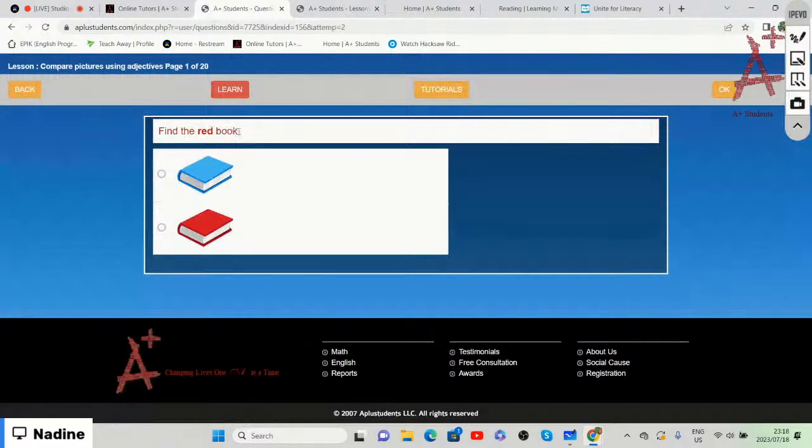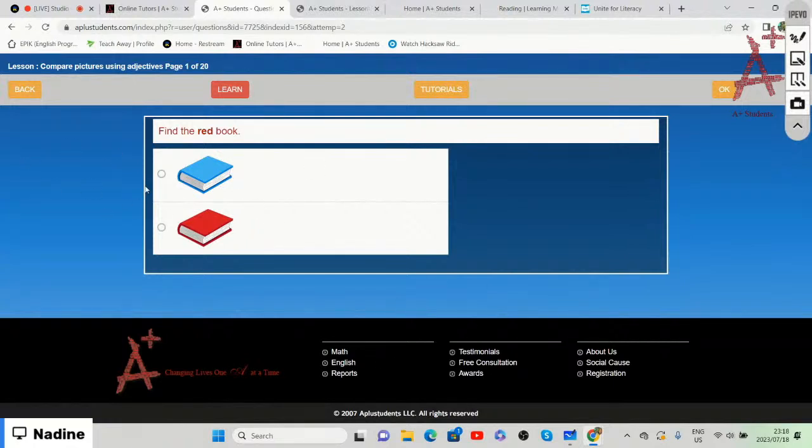So we need to find the red book, right? Either option one or option two. We need to find the red book. And here they're describing the book in color, right? The red book. So we need to find the red book.